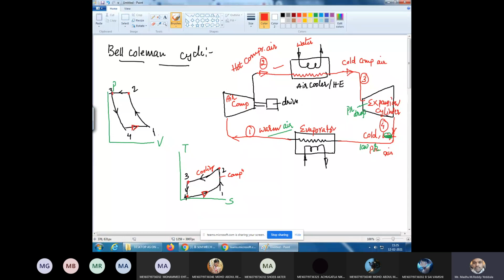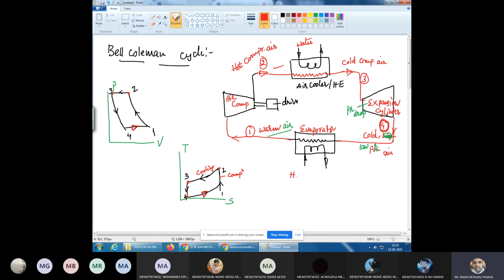Then the air is allowed to pass through the expander. During the expansion process the pressure drops, as we know. From 3 to 4 you can see the pressure is decreased. At point 4, the temperature should be below the temperature of the evaporator. Then only it can take the heat. Agree?